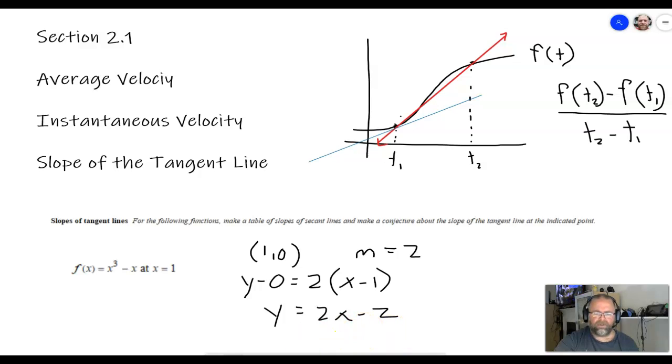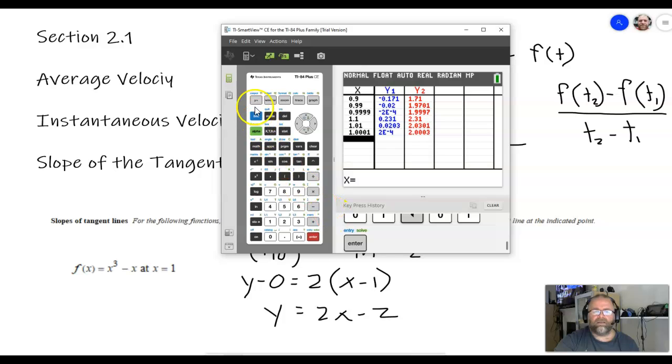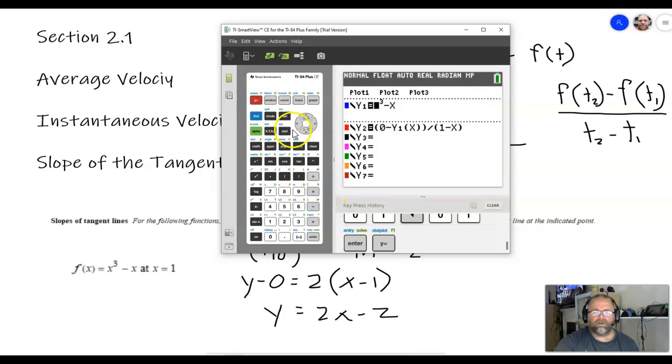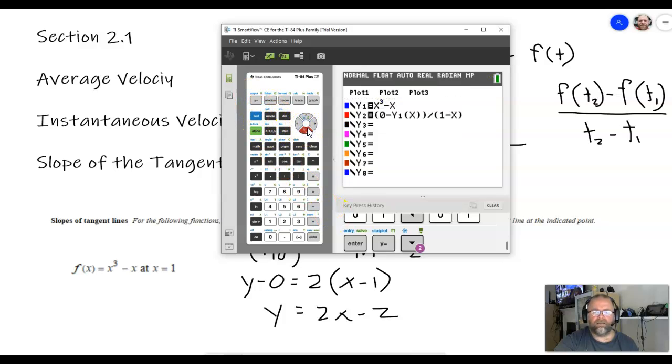And now I'm going to go ahead and go to my calculator. And let's go back to y equals, and we're going to go down to y3. And I'm going to, let's go ahead and turn this one off again so we don't see that. We just want to see our basic function, and then we want to look at that line there, 2x minus 2.